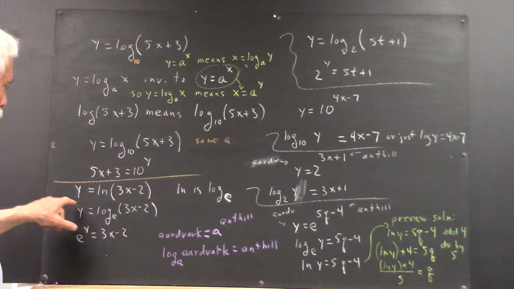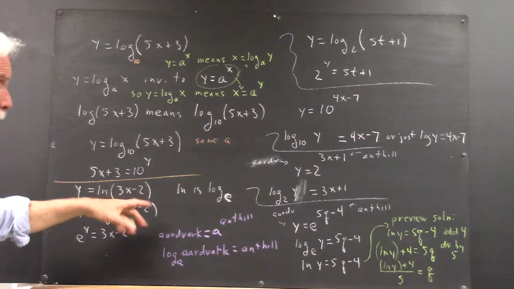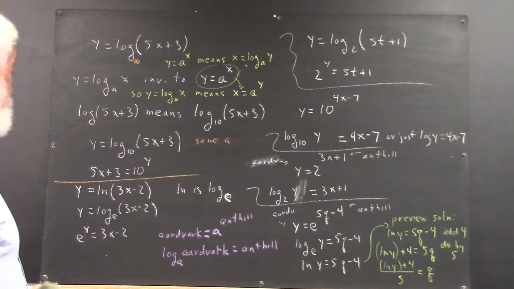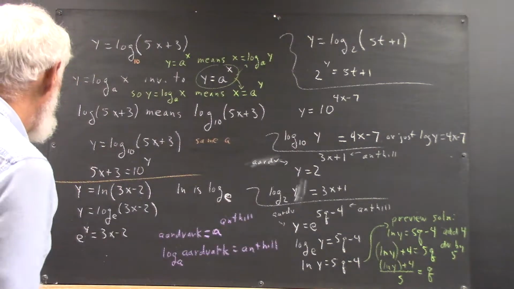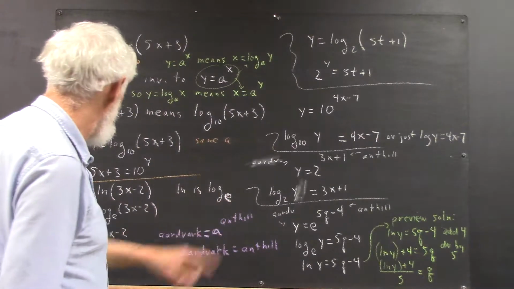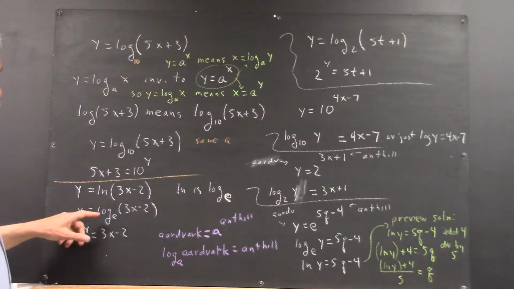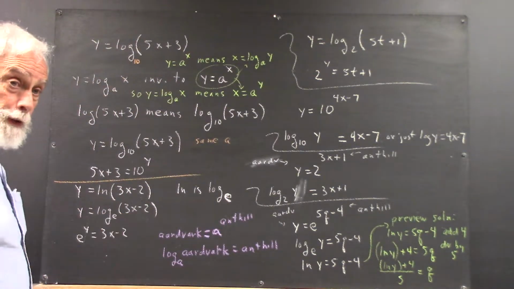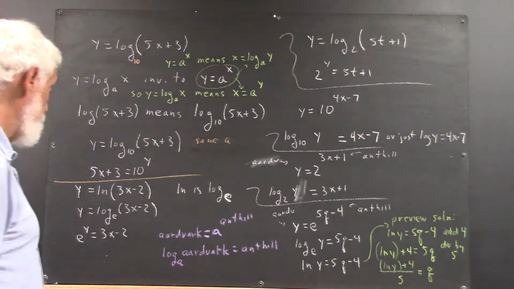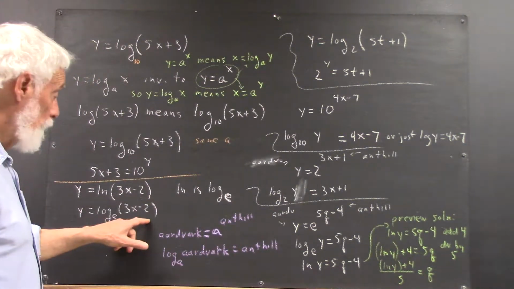Now we want to write y equals natural log of 3x minus 2 in exponential form. Okay, well, first of all, ln means what? It means log to the base e. So we write this as y equals log base e of 3x minus 2. Maybe we identify the aardvark and the anthill. The aardvark's the thing you take the log of.